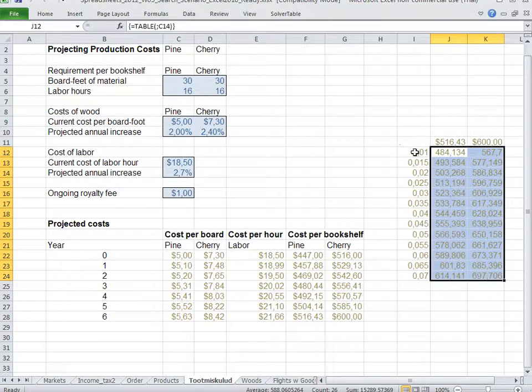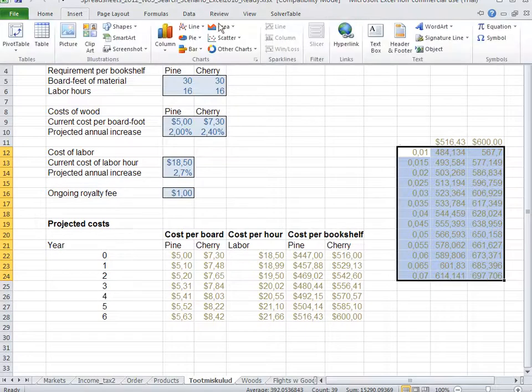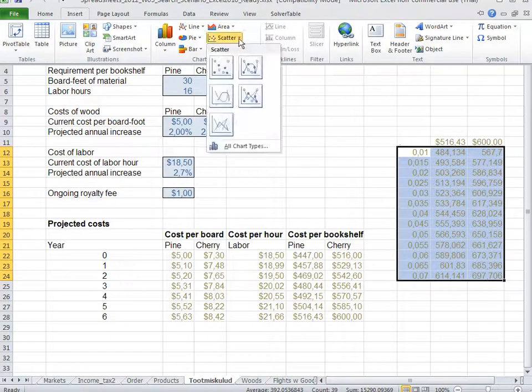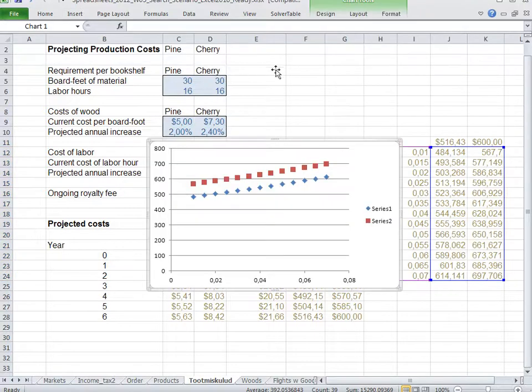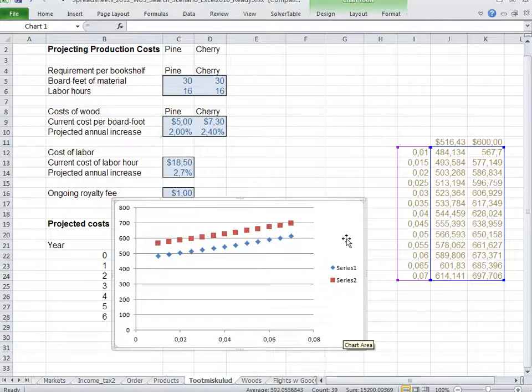So let's select all three of them, and let's say insert scatter graph, and let's select, for instance, the first option. Okay, and here we see as the percentage of labor increase goes from 1 to 7, we get the final year's situation worsening and worsening in terms of our costs.